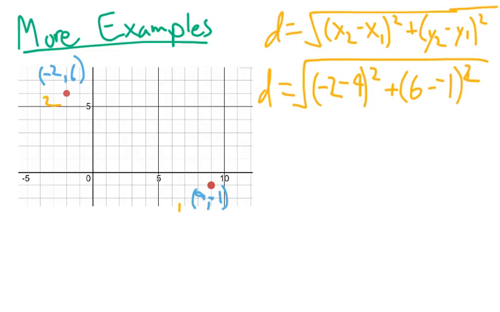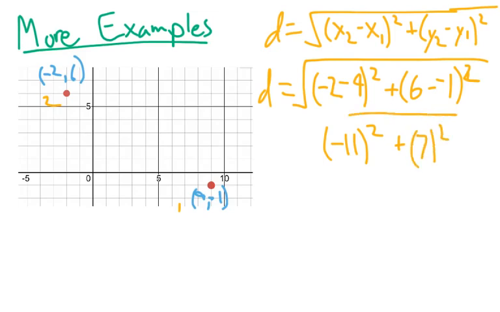Now, the reason why I have this example in here is we got to watch out for the negatives. We're going to have to deal with negative number arithmetic. So negative 2 minus 9, that's going to be negative 11 squared. Plus 6 minus negative 1 is the same as 6 plus 1, and so that's going to be 7 squared.